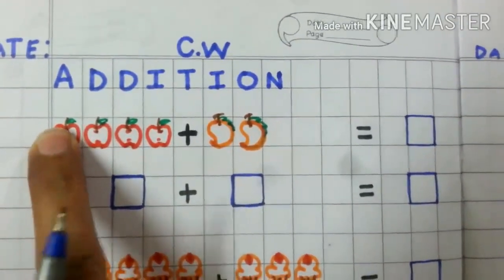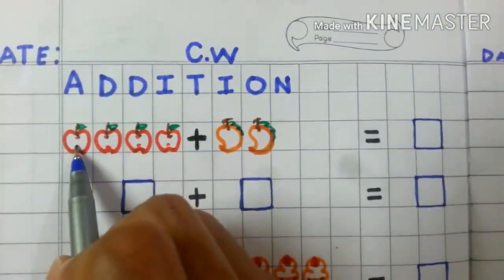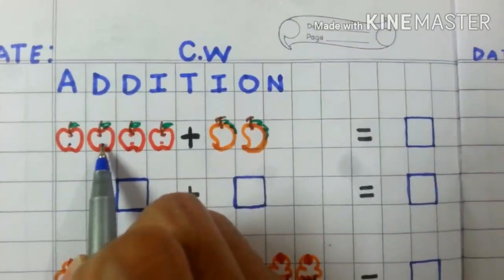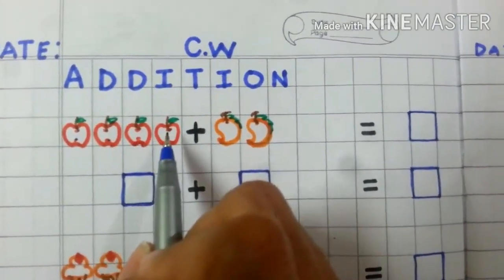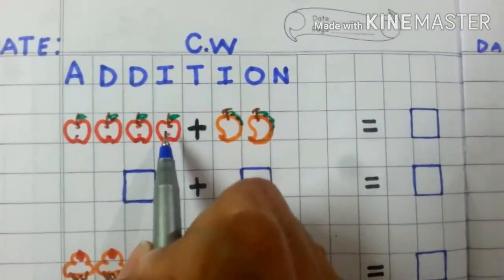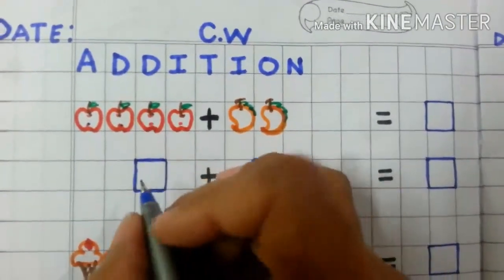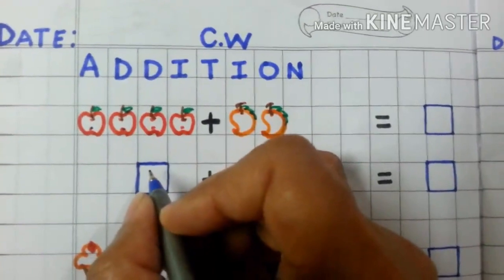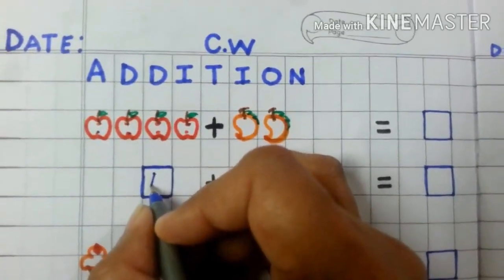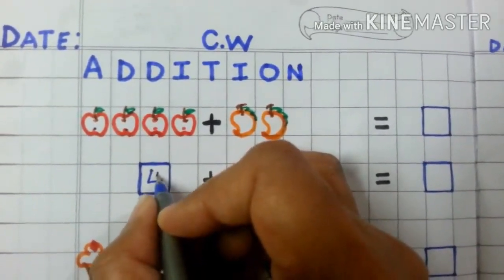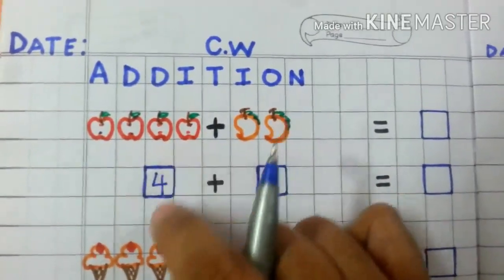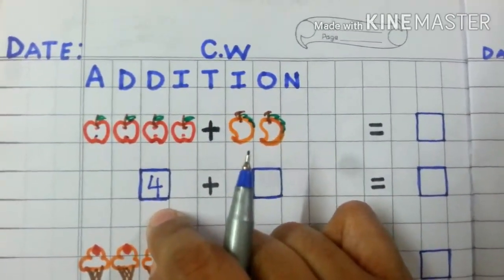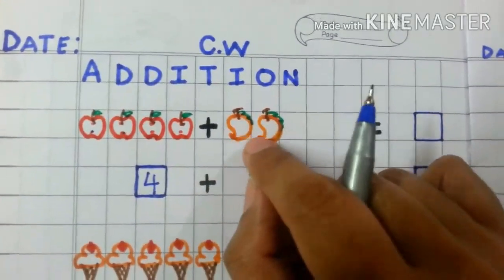1, 2, 3, 4. 4 apples. Write 4. Four apples. Now we will count mangoes.